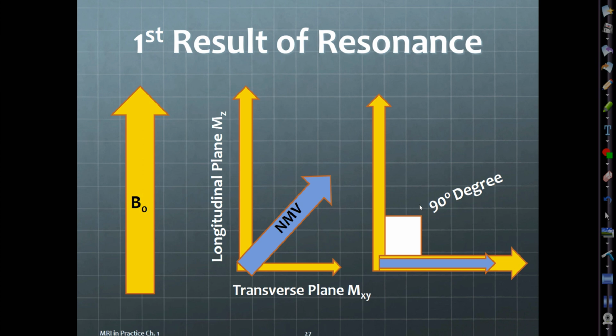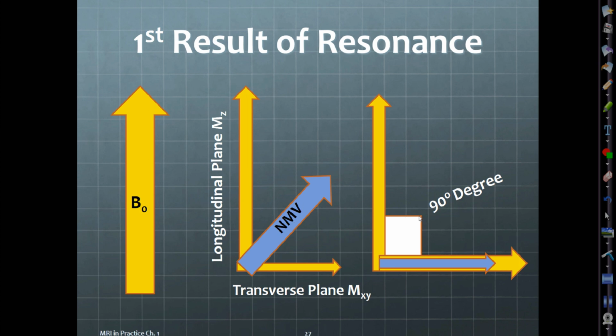All right, so here's just a diagram of the first result of resonance. Remember, that was the concept of giving energy to this vector, which now has enough energy to oppose B sub 0, and it flips down into the transverse plane. Here it's slowly flipping down into the transverse plane.